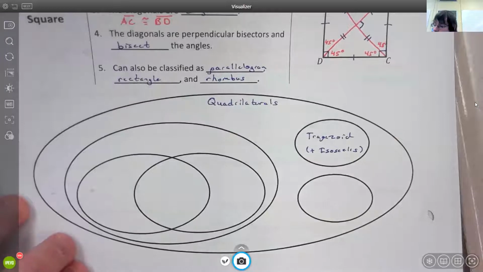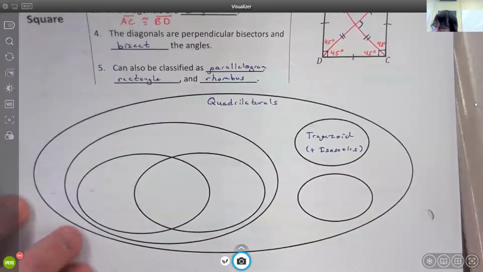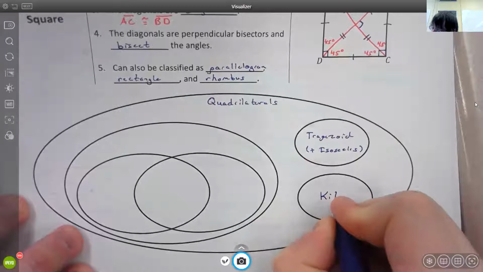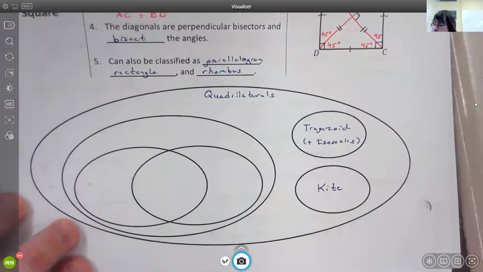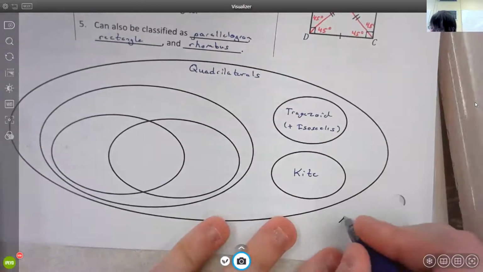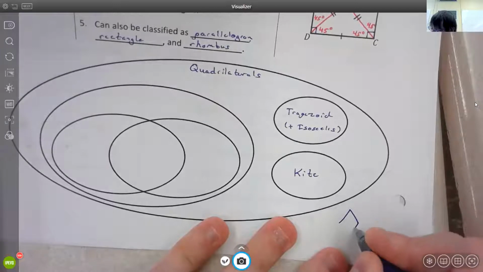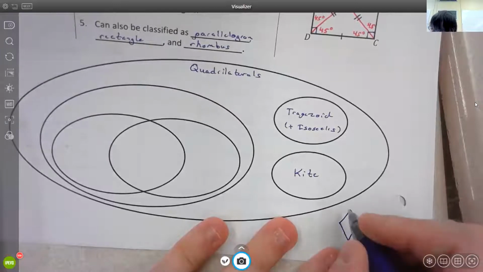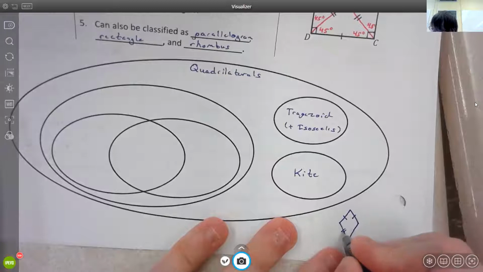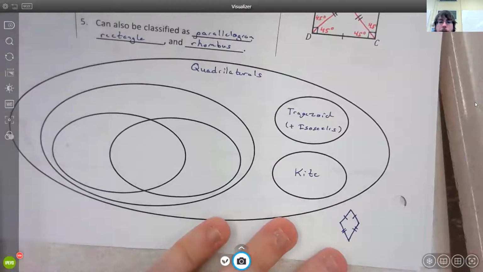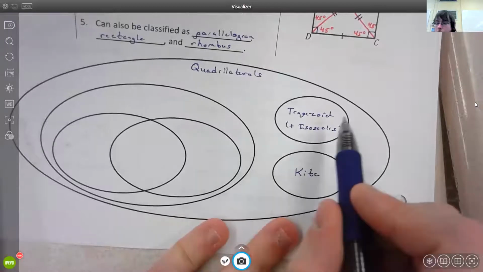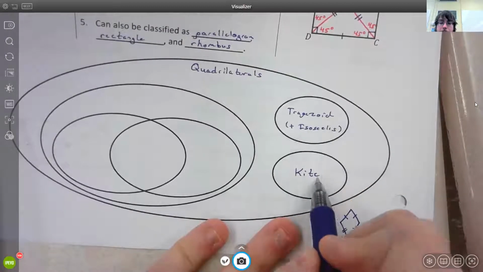The other one we didn't talk about is a kite, okay? Now, I just need you to know that a kite exists. A kite looks like this. Well, it looks like a kite, where these are congruent and these are congruent. But we are not going to be working with that too much, okay? So trapezoid plus isosceles and a kite.